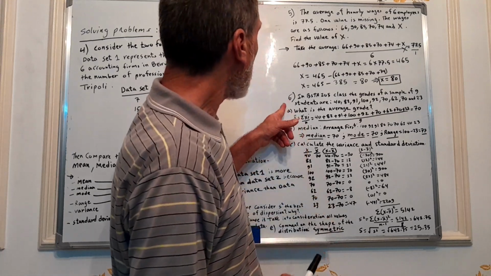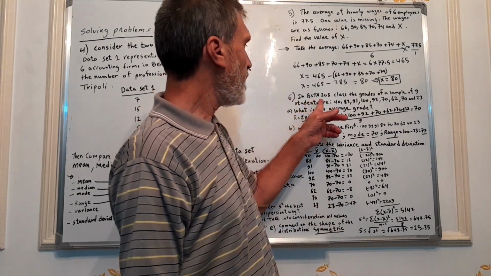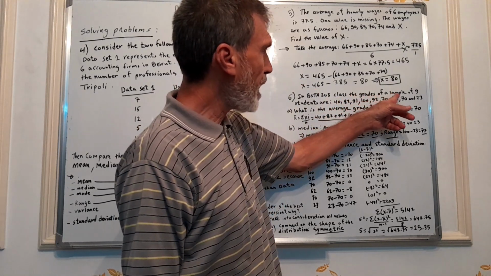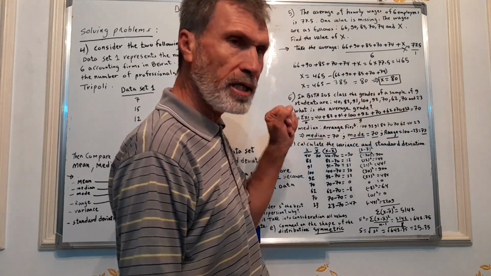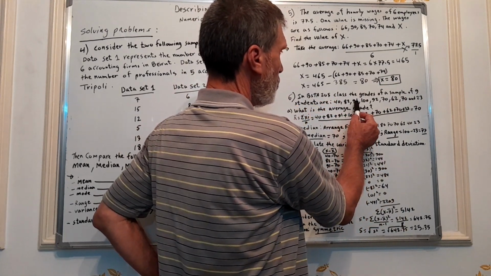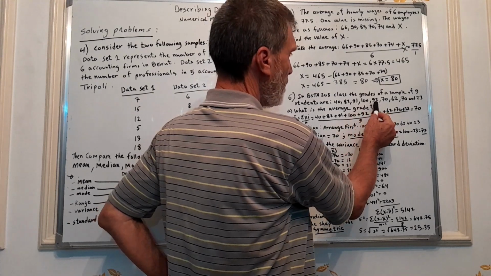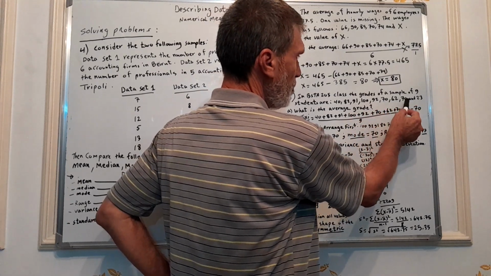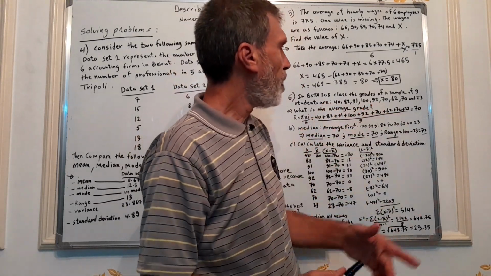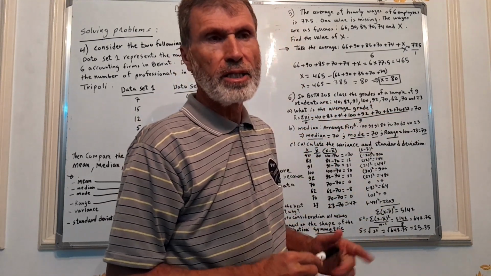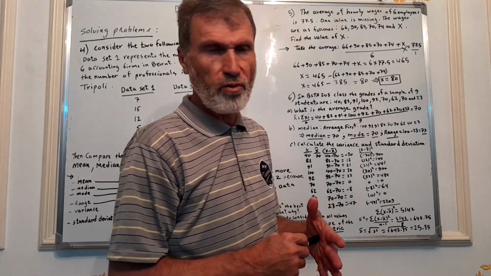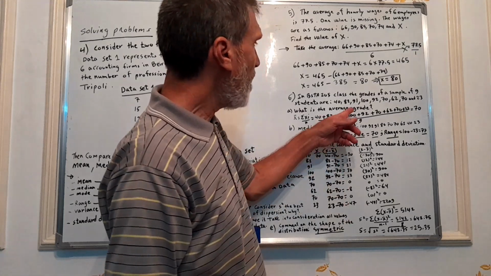Now, problem 6 says in PSTA 205 class, the grades of a sample of 9 students are these: 40, 82, 91, 100, 92, 70, 62, 70, and 23. Now, what is the average grade?